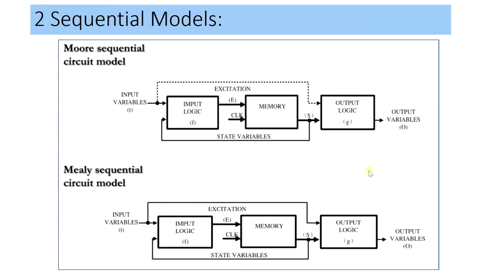Whereas in the Moore model, as you can see, there is only this particular connection which generates the output logic and then the output variables. So in the Moore model, the output is dependent only on the state variables.